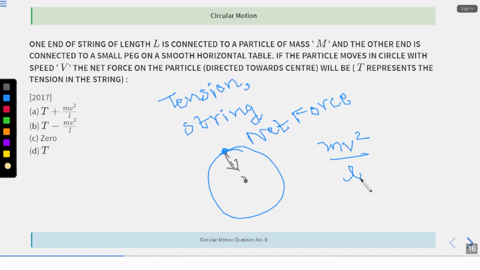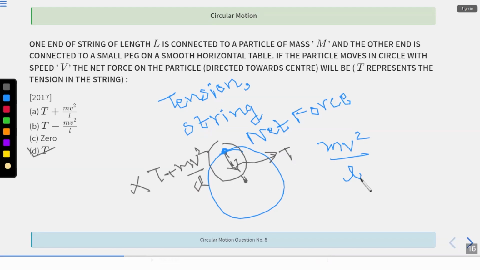So this centripetal force is provided by what? That should be an external thing, right? And that is provided by the tension in the string T. So if the particle moves in a circle with speed v, the net force on the particle will be what? So it will be directly T. Okay? And no, it will not be T plus mv square by L. That is wrong.